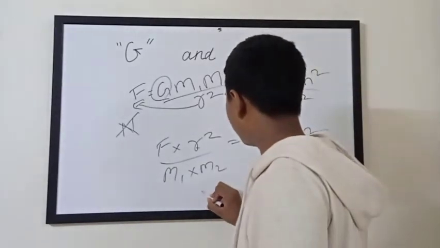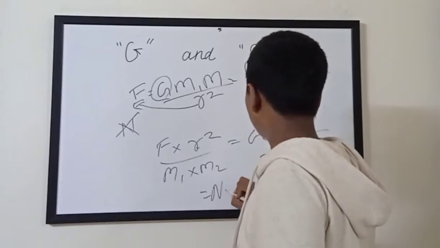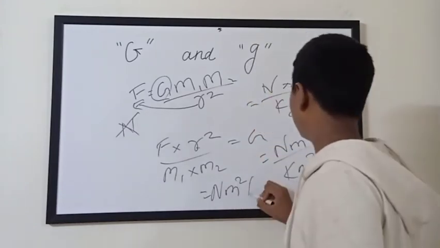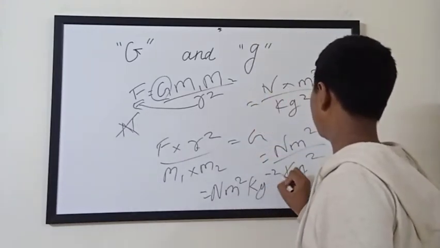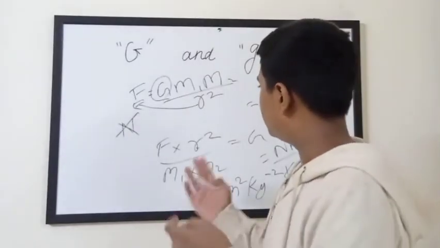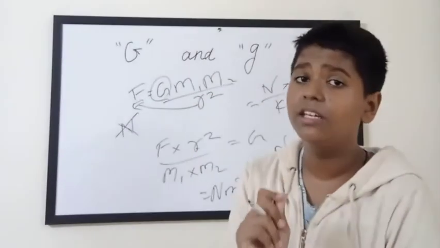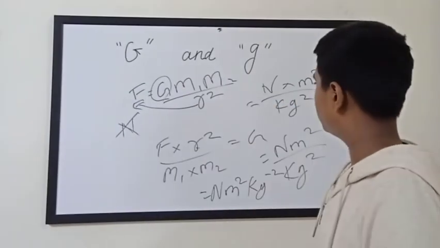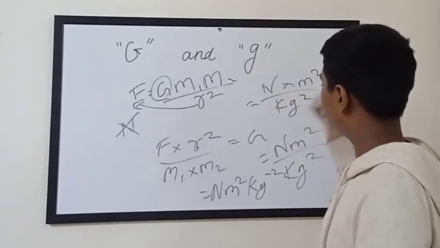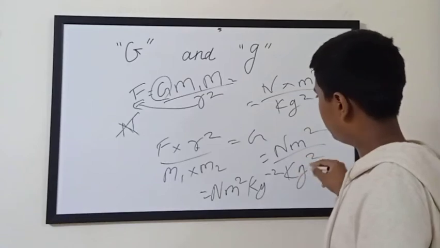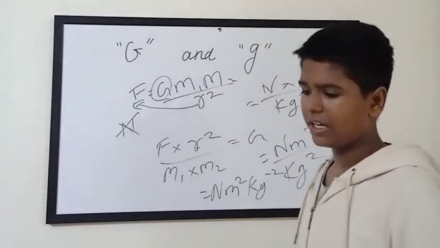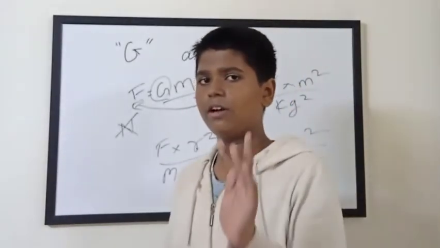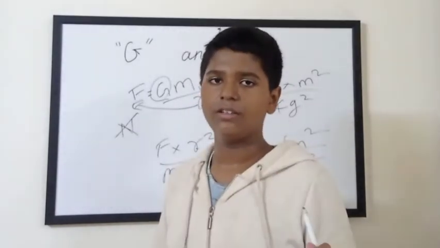If you do not want to write like this, you can write Newton meter square kg raised to minus 2. This is the unit of this big G. How to derive this unit? I just told right now. Newton into meter square all divided by kg square, right? This is the unit of big G.